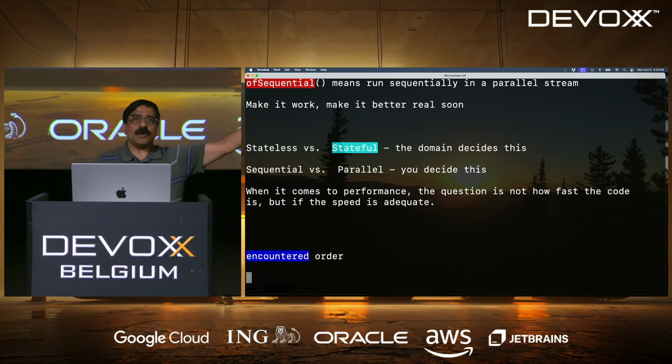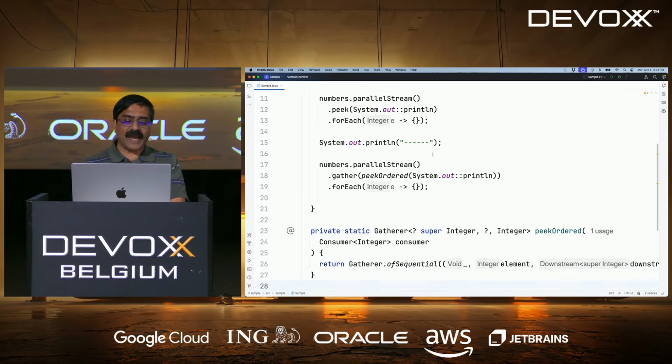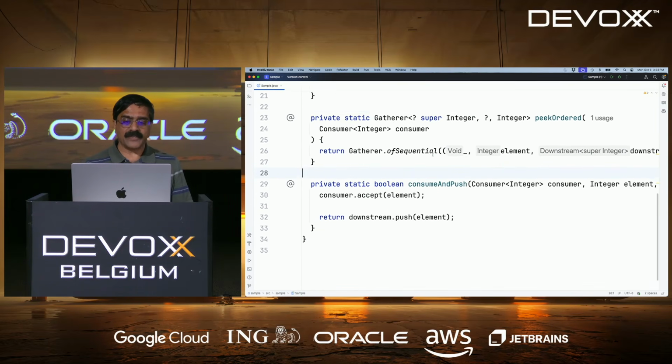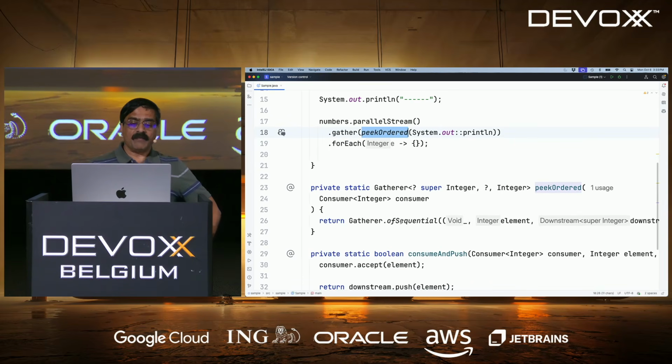So encountered order is whatever order is given to me. So this peek in sequence uses the encountered order in this case. So if the collection was a set, you don't have a guarantee of order for this. But if it was a list, you'll have an order, and it's going to follow that order. So, but how does it bring you the order? It brings you the order by putting sequential restriction on it.